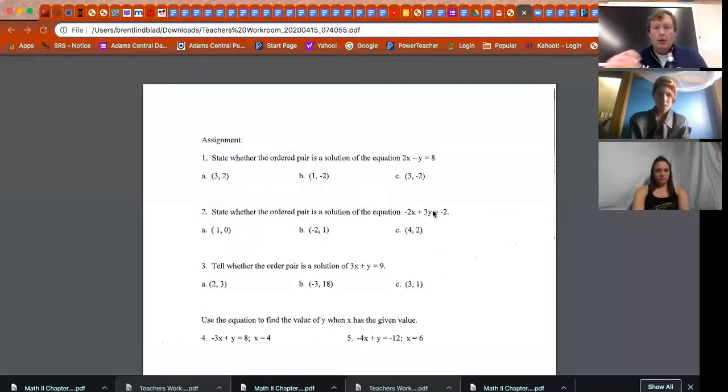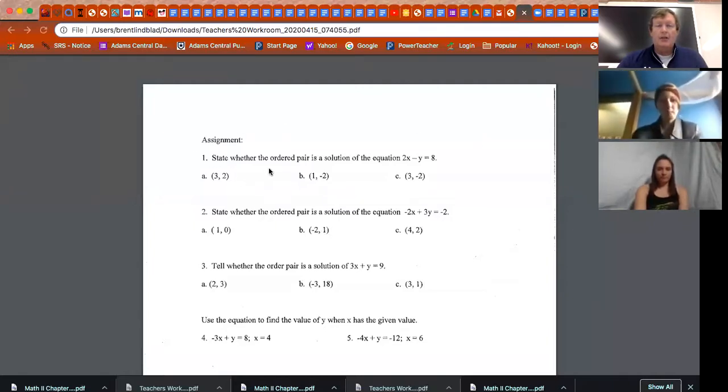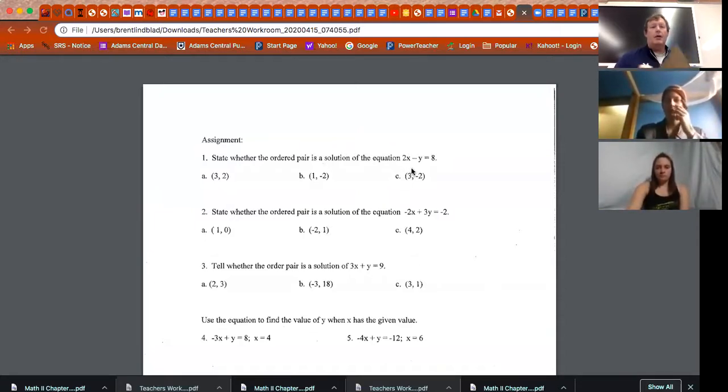Okay, so if you can see over here, it starts off on number 1. It says, state whether the ordered pair is a solution to the equation. Basically, you remember when I said we have an ordered pair, the first number is what letter?